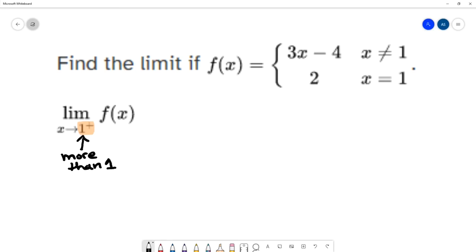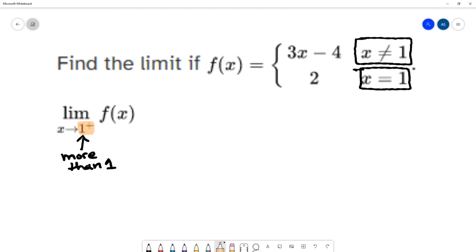This particular piecewise defined function has a unique way of identifying when to use each equation. The second equation is only ever going to be used when x is equal to 1. Every other value of x, we should use the first equation.